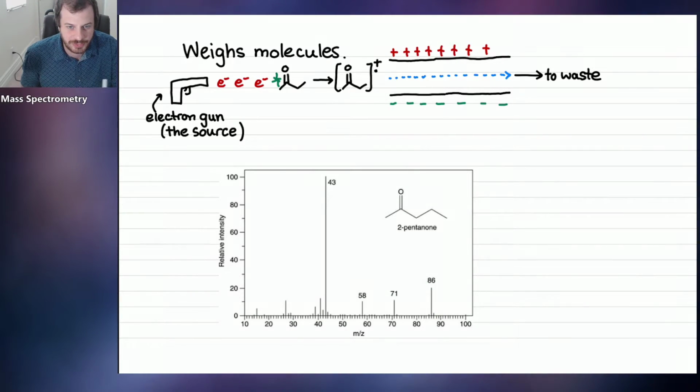Imagine one of the molecules that enters this arena has a positive charge, like a lot of them are going to have, because they've been hit by electrons. So they've been ionized and now they have a positive charge. They're not going to go straight through this arena anymore. They're going to be deflected because they're going to be attracted towards the negative side. So any positively charged molecules will be deflected and collide with the plate at the bottom.